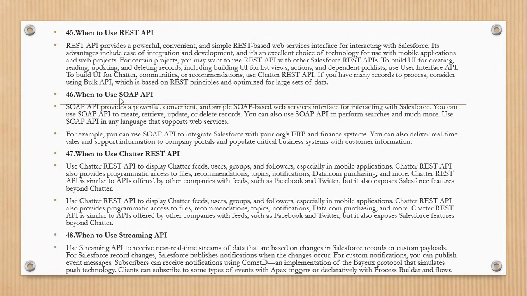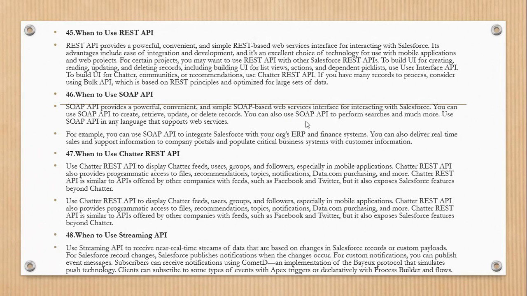Next question, when to use SOAP API? SOAP API provides a powerful, convenient, and simple SOAP-based web service interface for interacting with Salesforce. You can use SOAP API to create, retrieve, update, and delete records.